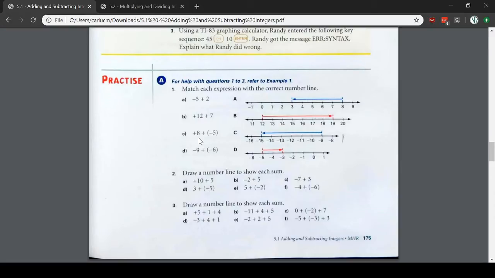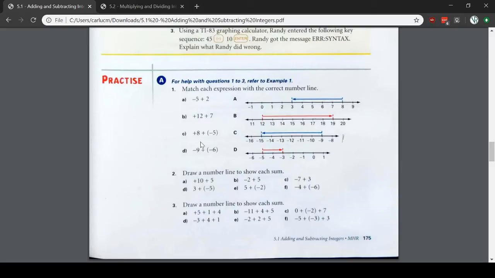In the case of C and D, where you're adding a negative number, in C we start at +8, and we move left 5. Left 5 because it's a negative number. So adding a negative moves to the left, adding a positive moves to the right. You're getting smaller, and you're going down to 3.